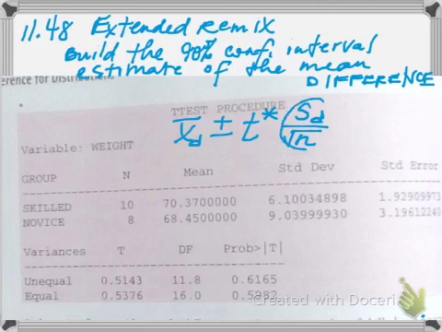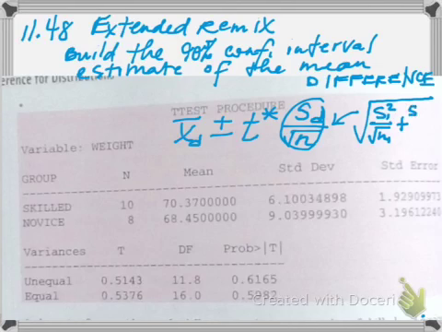This is replaced with this ginormous expression: the variance divided by n, plus, right? So when we add a second sample, we're adding variance, even though we're subtracting the means.